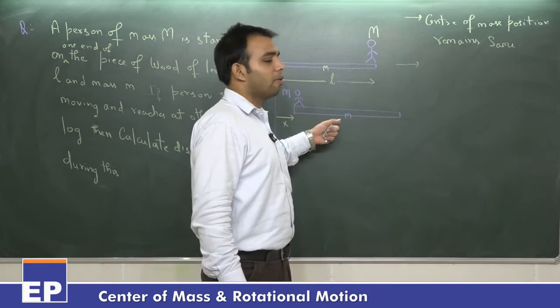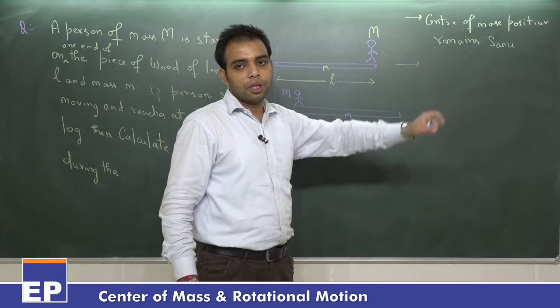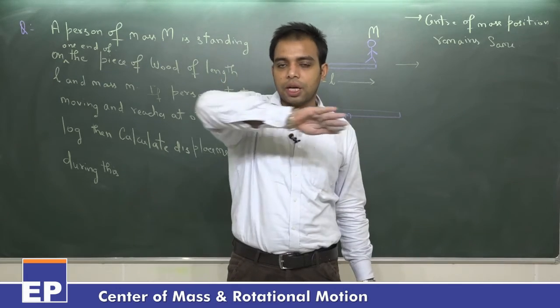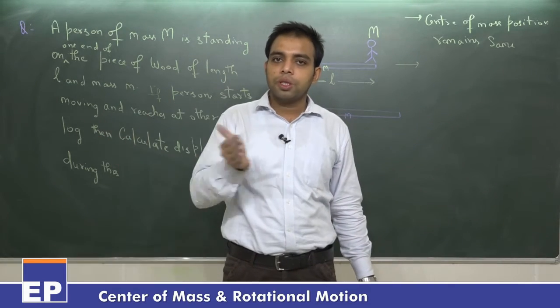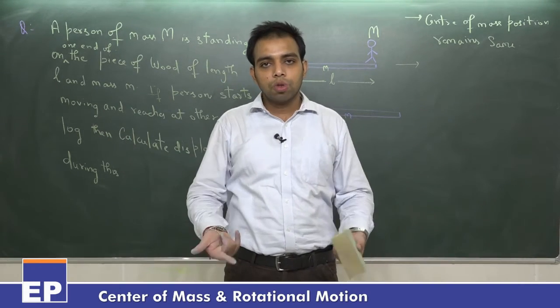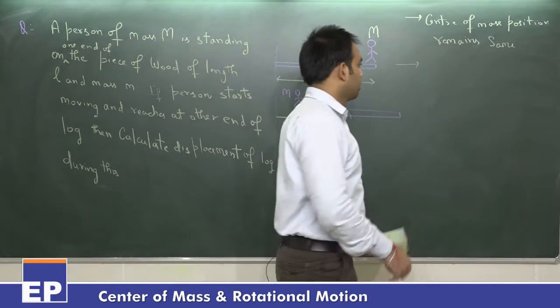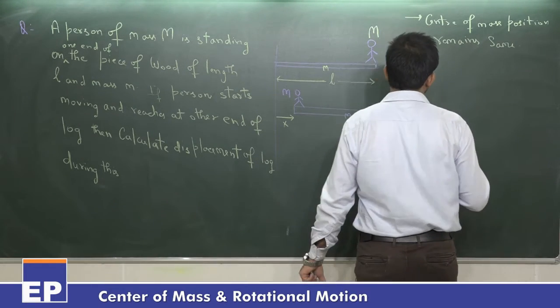एंड दिस स्मॉल m हैज ट्रेवल्ड द डिस्टेंस x इन दैट डायरेक्शन. तो कैपिटल M हैज ट्रेवल्ड द डिस्टेंस L माइनस x इन दिस, एंड स्मॉल m हैज ट्रेवल्ड x डिस्टेंस इन दिस. सो टू कीप द पोजीशन टू बी फिक्स्ड, we know M1 D1 is M2 D2.